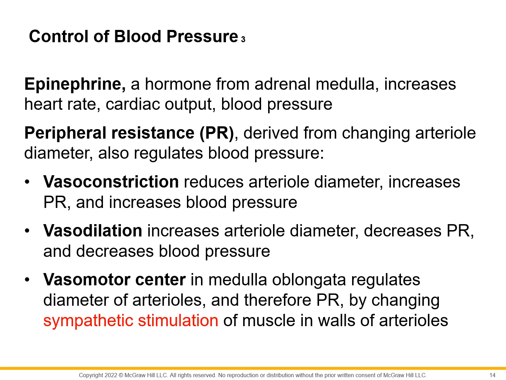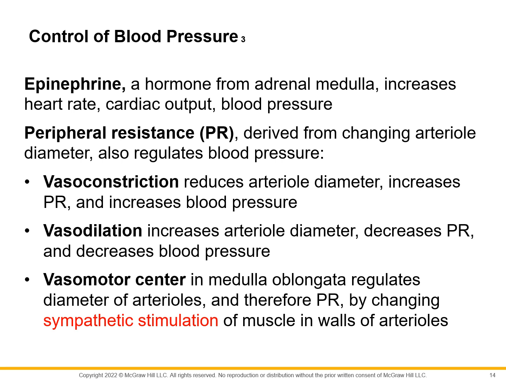Epinephrine is a hormone that is secreted from the adrenal medulla, and it is a neurotransmitter, a transmitter for the sympathetic system. So it increases the heart rate and it increases the peripheral resistance through vasoconstriction in the arteries.